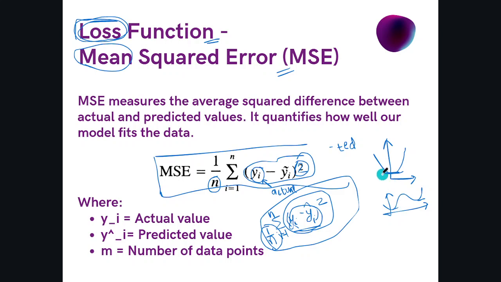So if we use higher order functions, then our local and global minimum are different, and that is why it is hard to judge. Like if we got this one, okay, this is not the minimum, right? This is the minimum here. At this point we get the least amount of mean squared error.